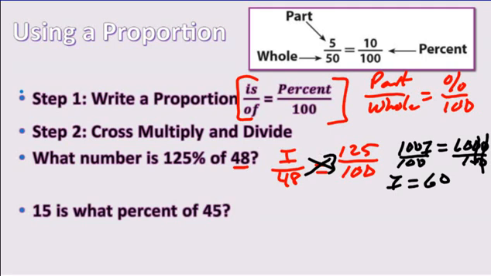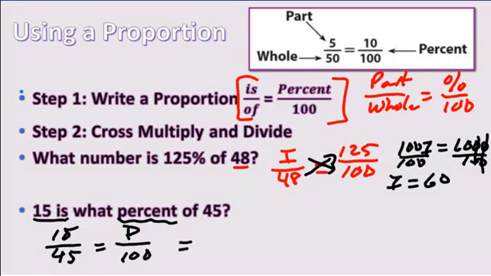Next one, 15 is what percent of 45? So we're trying to find the percent. Our is is 15. Of is 45. We're trying to find the percent, and that's over 100.